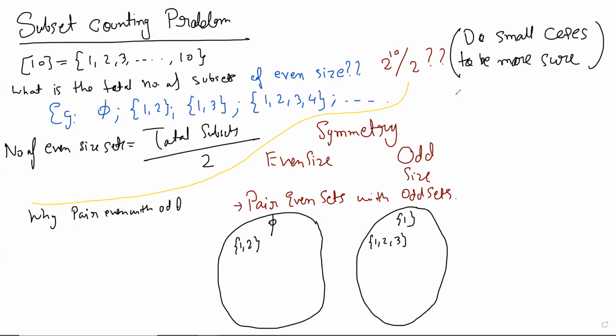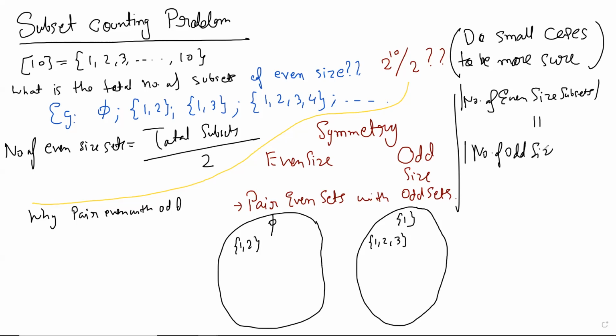That's right. So we are trying to show that the number of even size subsets is half. We've got the intuition that it is half, but really it is half because the number of even size subsets is equal to the number of odd size subsets.